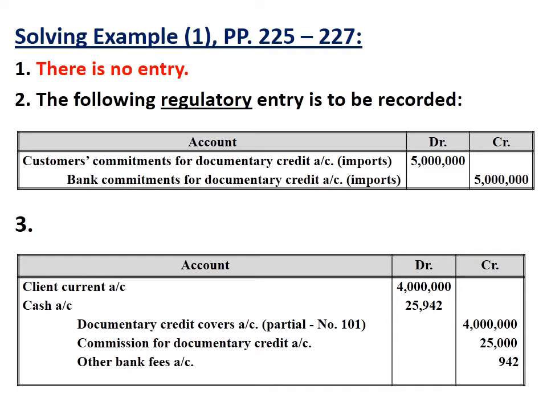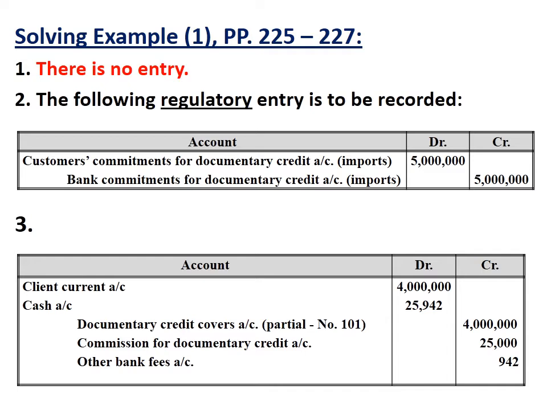Number 2, the bank agreed to open the required credit, provided that the cover will be at least 75% of the credit value. The number of the documentary credit is 101.